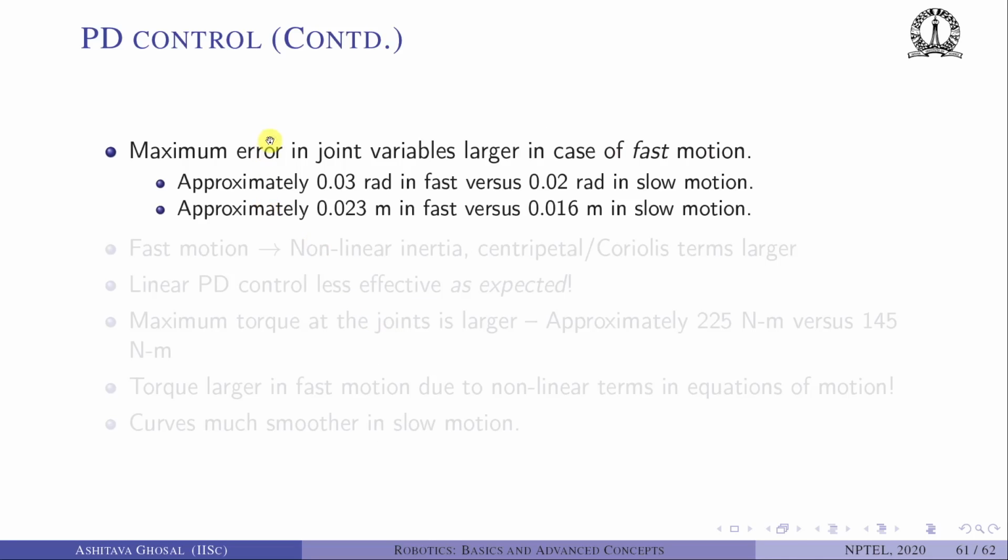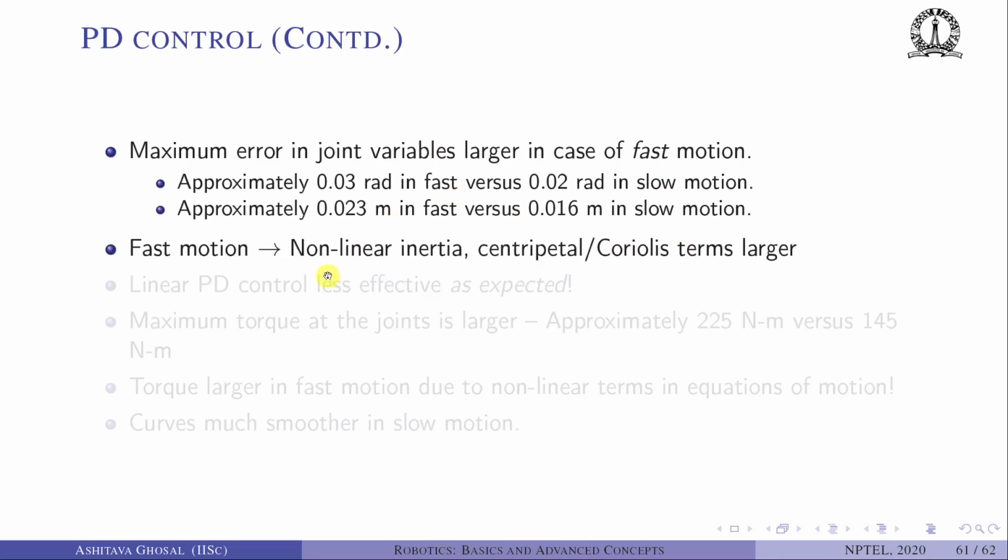So what are we seeing? The maximum error in the joint variables is larger in the case of fast motion. It is approximately 0.03 radians in fast versus 0.02 in slow motion, and approximately 0.023 meters in x, whereas 0.016 in the slow motion. And why is this?